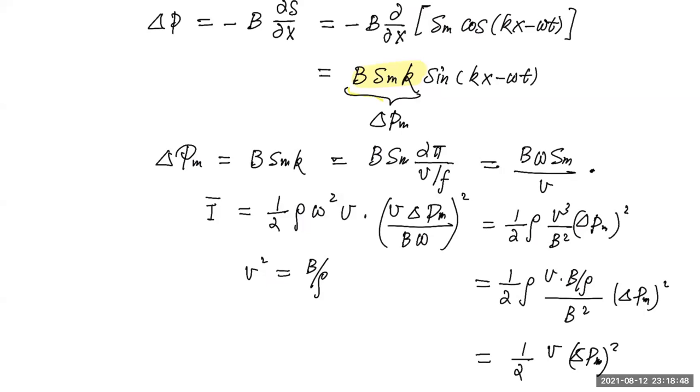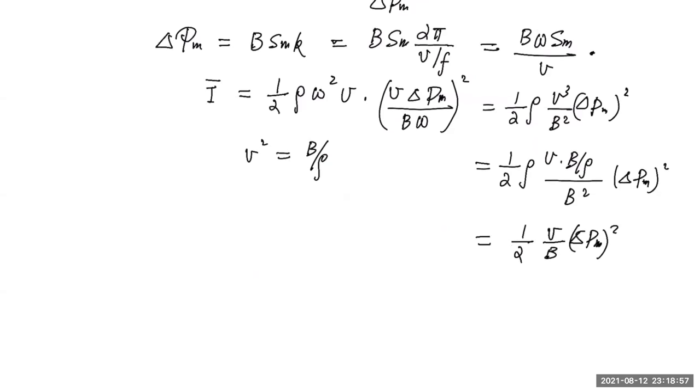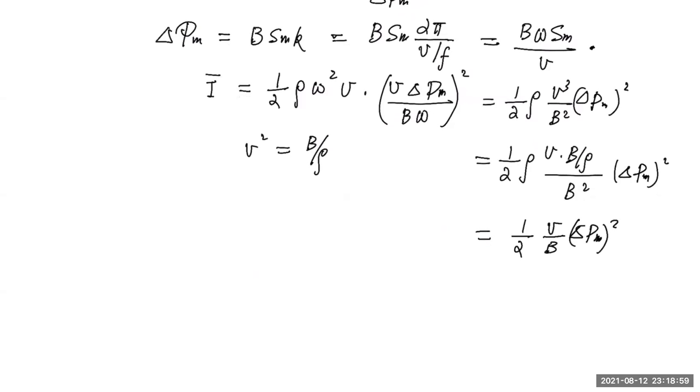And then you divide this by B. There's one B left. And then let me clean up one last step. From here you can see B equals V squared times rho, okay?